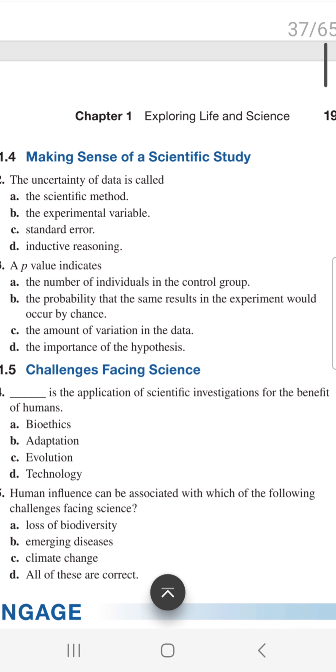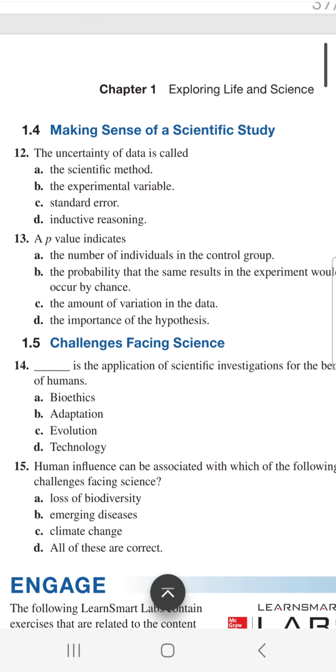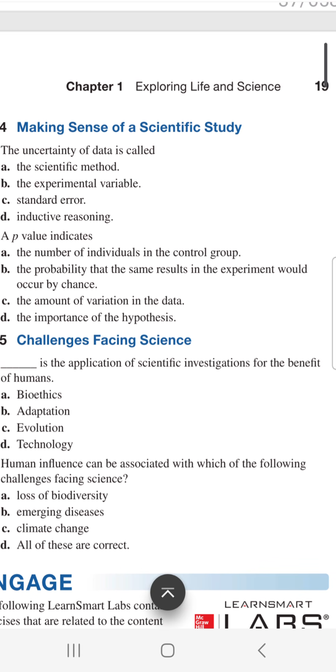Question number 12. Uncertainty of data is called the standard error. It's basically the percentage of something that went wrong. Question number 13. A P value indicates the number of individuals in a control group?